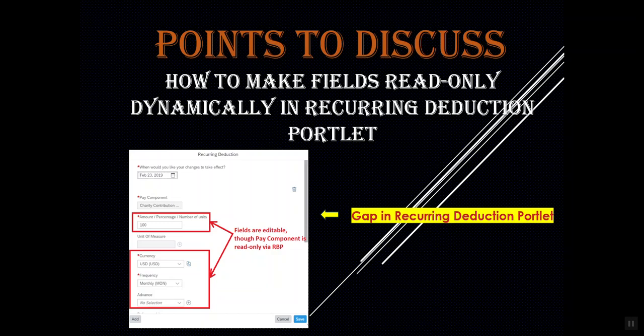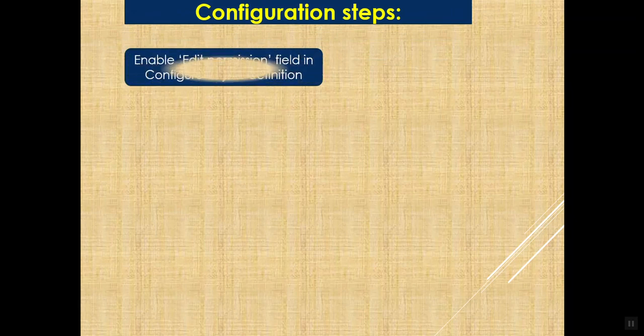So let's check out the theoretical configuration steps first. So what are the steps? First step, one field is going to play a very critical role here, that is called the edit permission field.